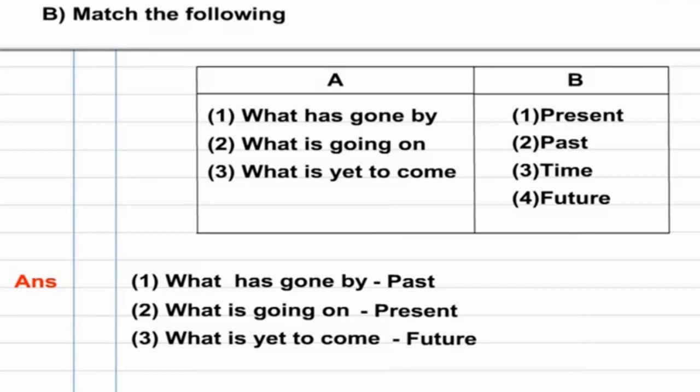Answer. Number 1, what has gone by? Answer is past. Number 2, what is going on? Answer present. Number 3, what is yet to come? Answer future. I hope, students, you all have understood the lesson as well as the exercise.